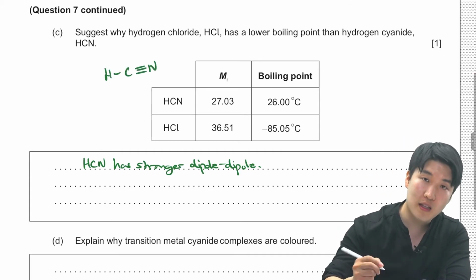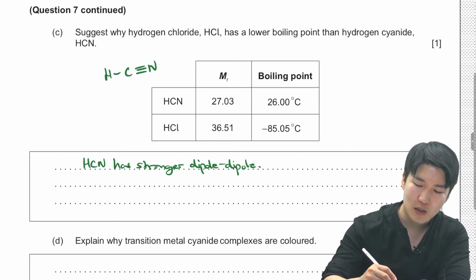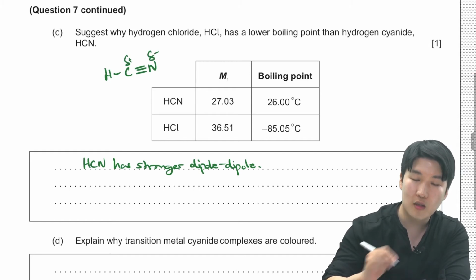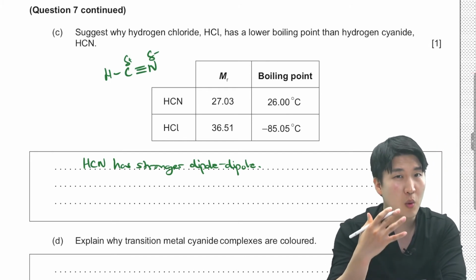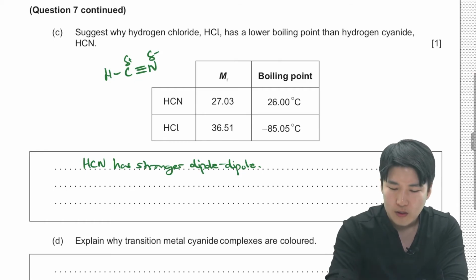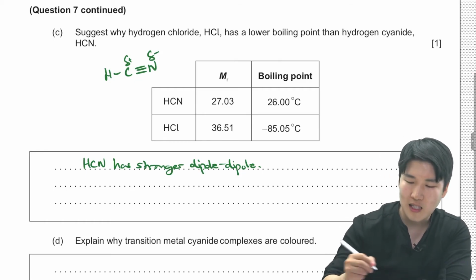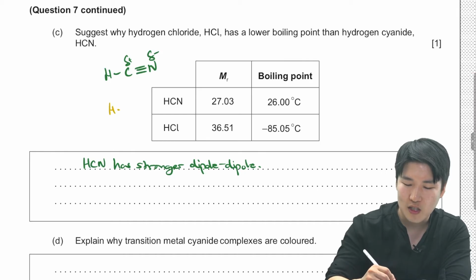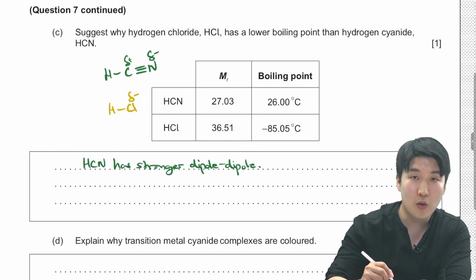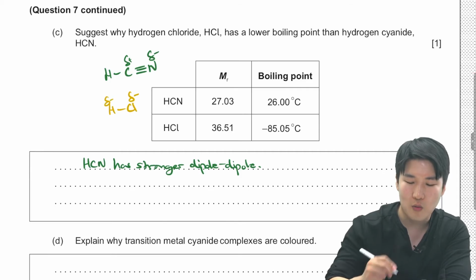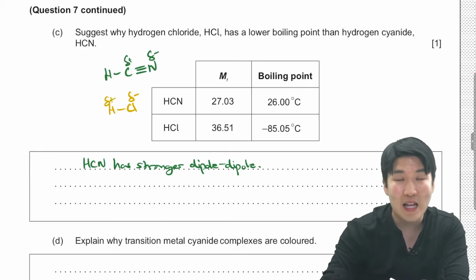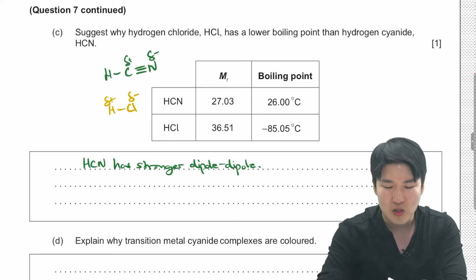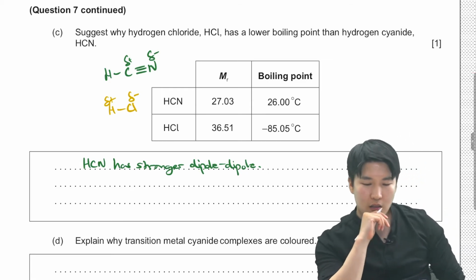We would expect there to be polarity between carbon and nitrogen, where nitrogen is more negatively polar. And the same would be seen in HCl. Again, chlorine will be more electronegative and therefore partially negative, while hydrogen is partially positive.